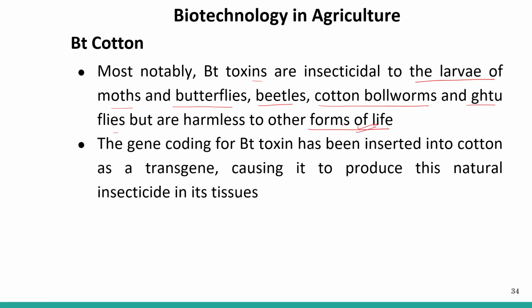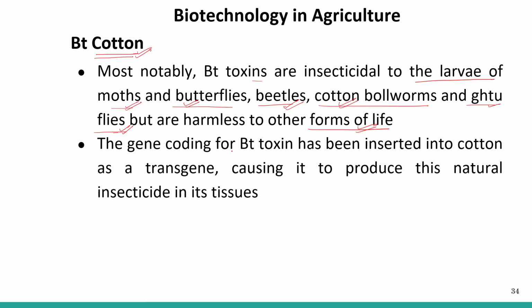So they are not harmful to all forms of life. They are harmful to moths, butterflies, beetles, cotton bollworms, gnat flies. These flies and insects are very harmful for cotton plants.